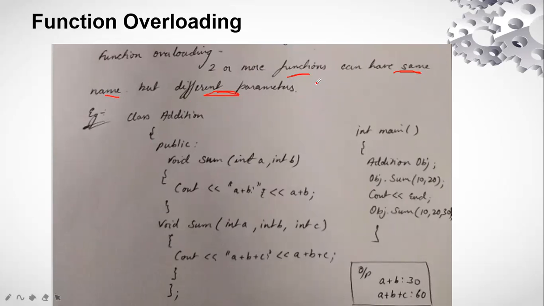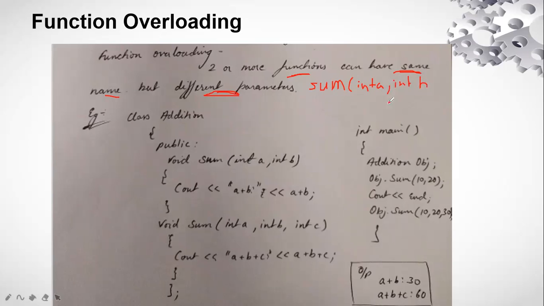Let's say sum is a function: sum(int a, int b). See, here we have two parameters, so this is one function.